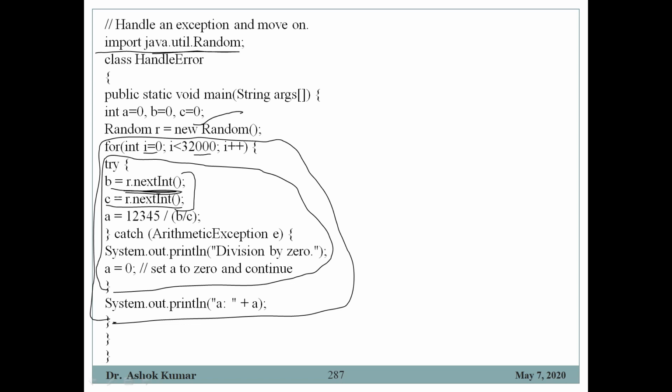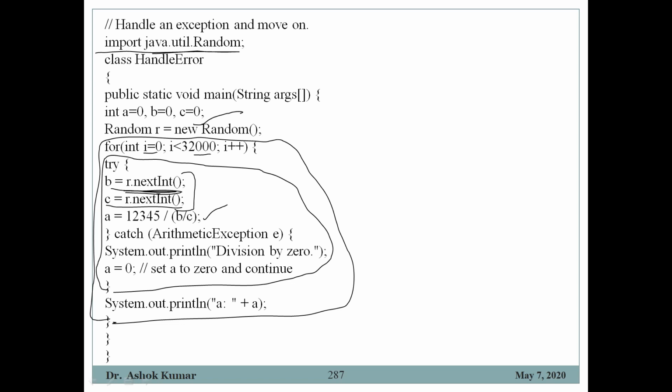With this, what we are doing is dividing 12,345 by b by c. Because b and c are both integer type, if the value of b is less than c, in that case b by c will give you 0. And when b by c becomes 0, this will create the exception. This line will create the exception.